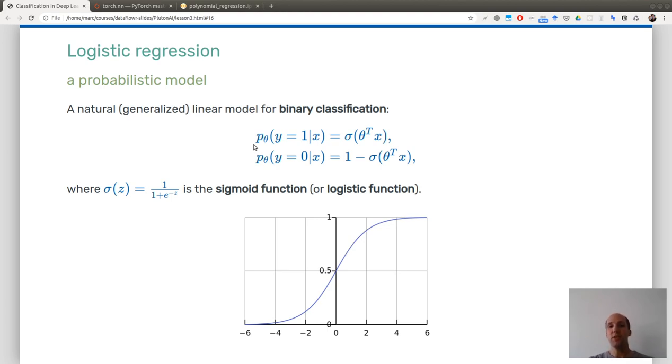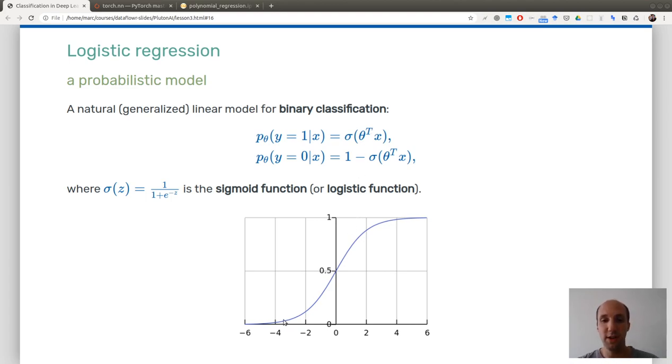Okay, so we'll start with a very simple linear model. Linear means that you apply a linear function on the input x, so this theta scalar x. But of course, x and theta are just real numbers, so this is just a real number, which might be negative, so it cannot be a probability. So the first thing you do is normalize this number in order to get something between 0 and 1.